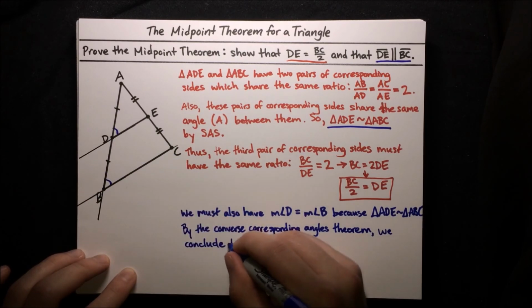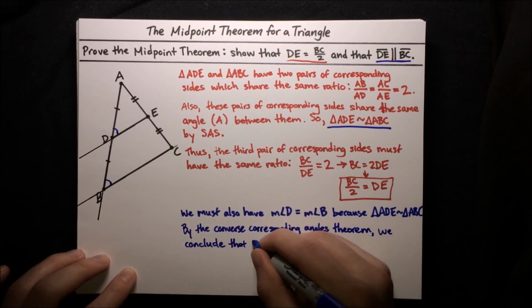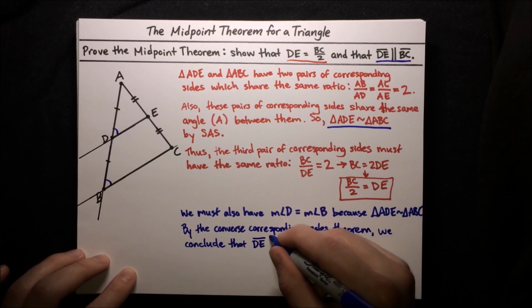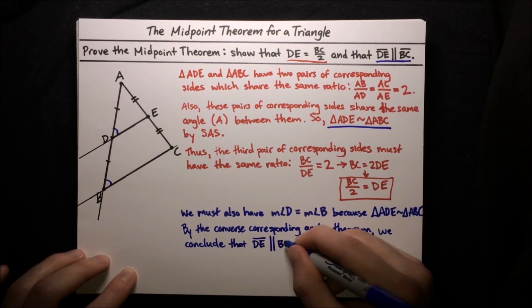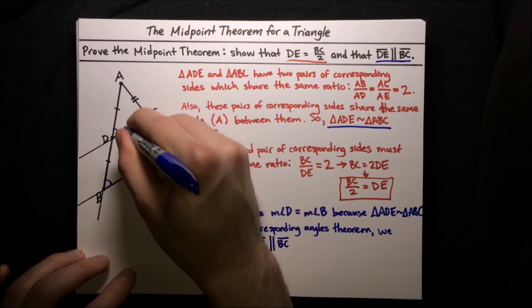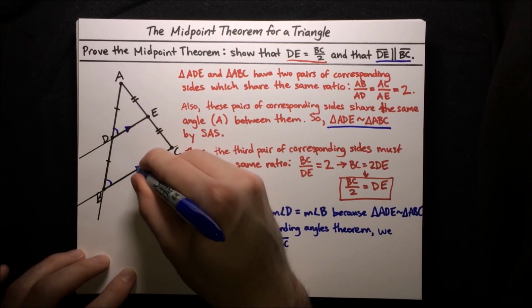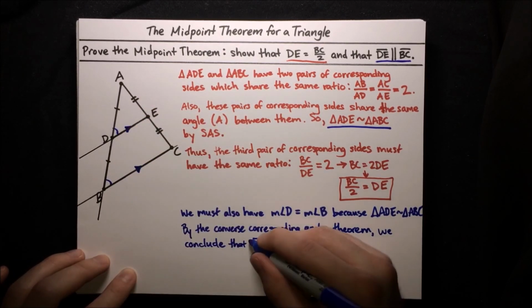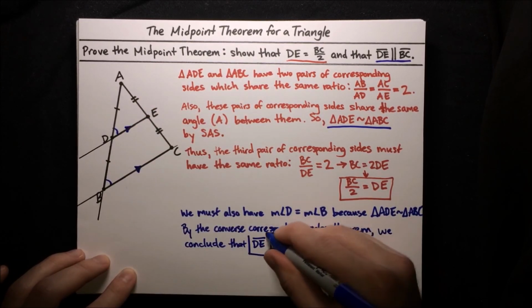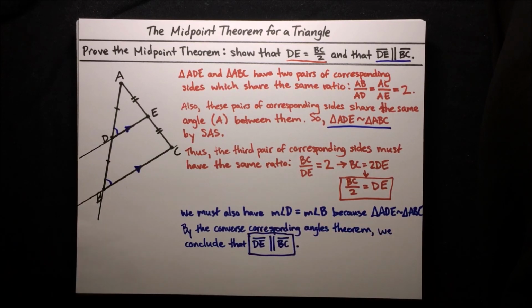So we conclude that DE is parallel to BC. So there we go. There is the second part of what we wanted to prove, and then we are done.